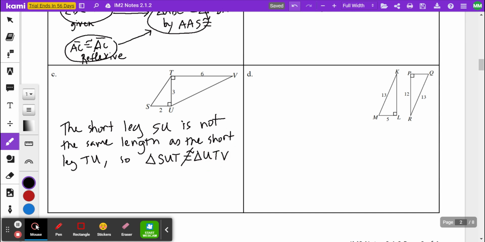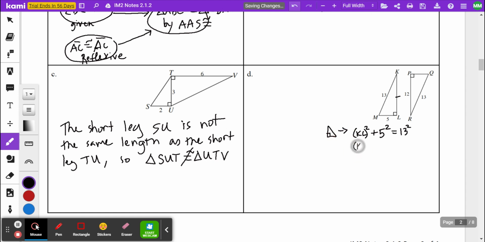And then this last one, okay, it looks like I've got two sides and a right angle. I can't say yet if they're congruent or not, but let me go ahead and use the Pythagorean theorem to solve for this third side. So the length of KL squared plus the length of ML, 5 squared, equals 13 squared, because this is a right triangle. So it's a right triangle, so I can use the Pythagorean theorem.